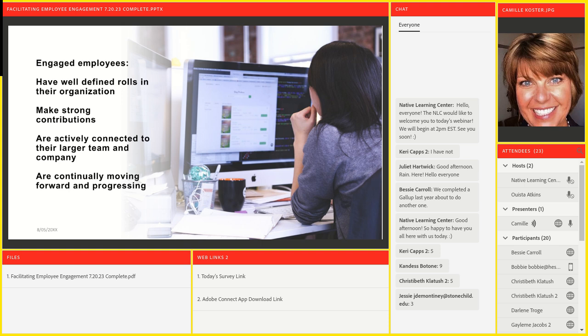So there are 4 major differences between satisfaction and engagement, according to Gallup, and here's what they are. The first one is that engaged employees have well-defined roles. I will tell you, out of all of the strategies that Gallup spends the most time on, it is definitely this one, because there is nothing worse for an employee than to come to work and their role is ambiguous.